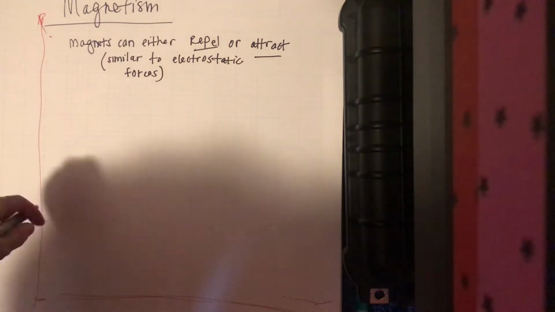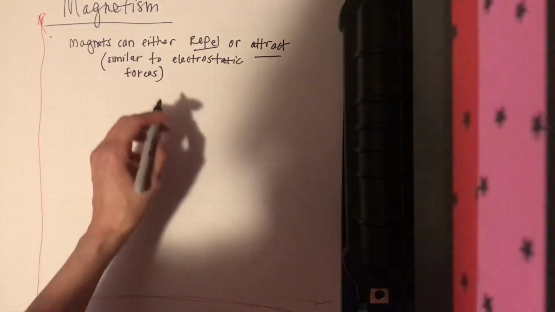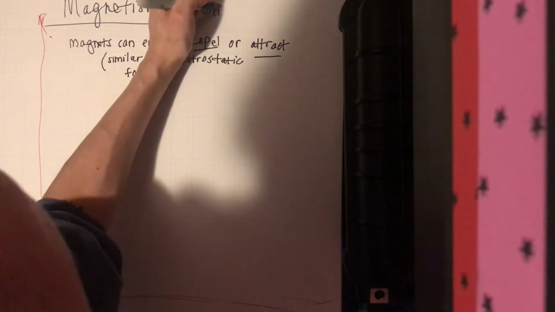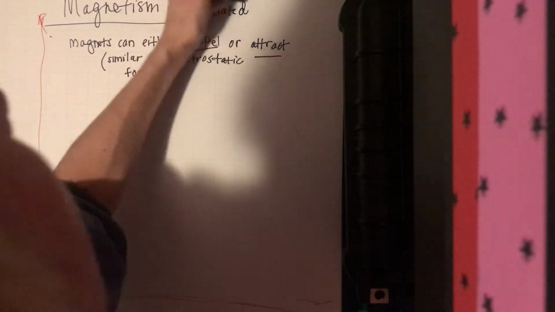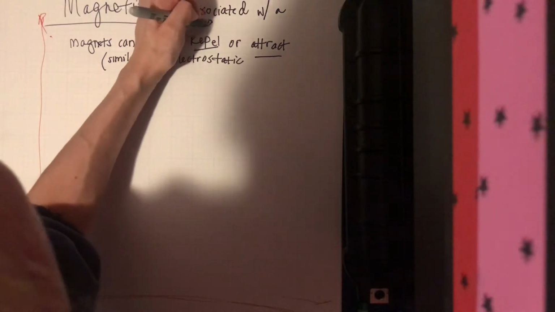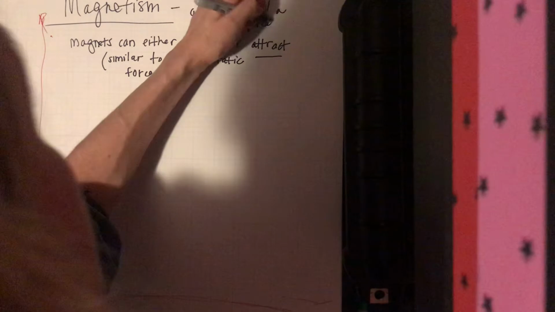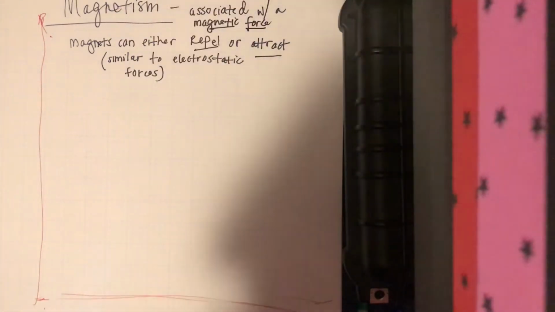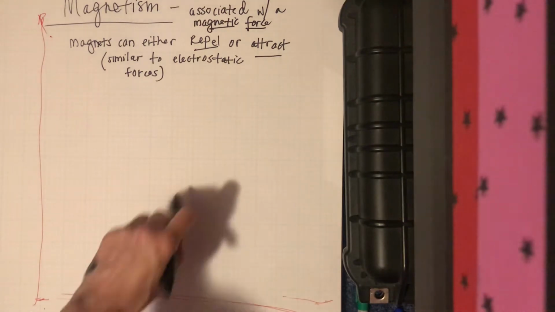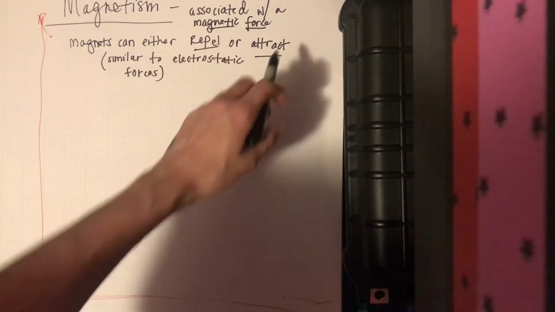I say that because it's important to realize that magnetism is associated with its own type of force. It is associated with a magnetic force. And those magnetic forces, as we previously said, can either be repulsive or they can be attractive.